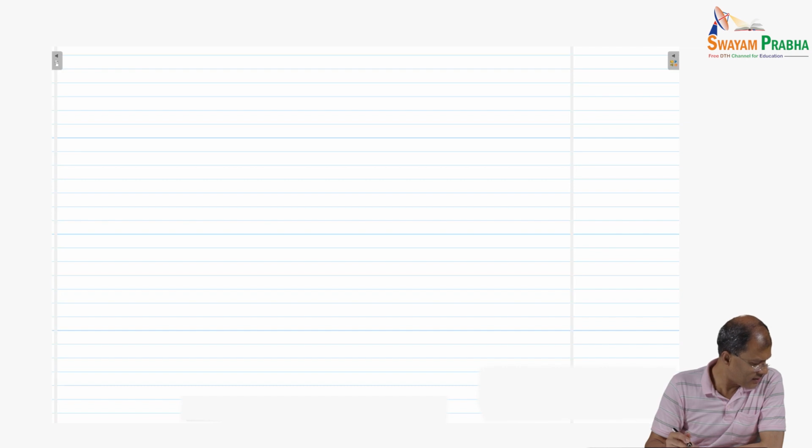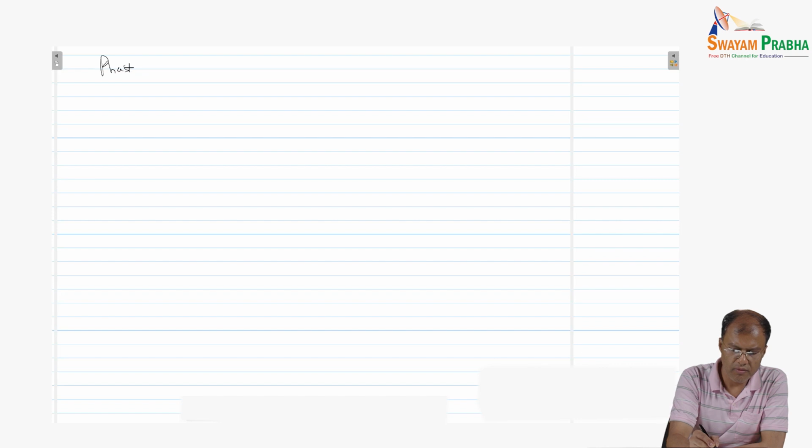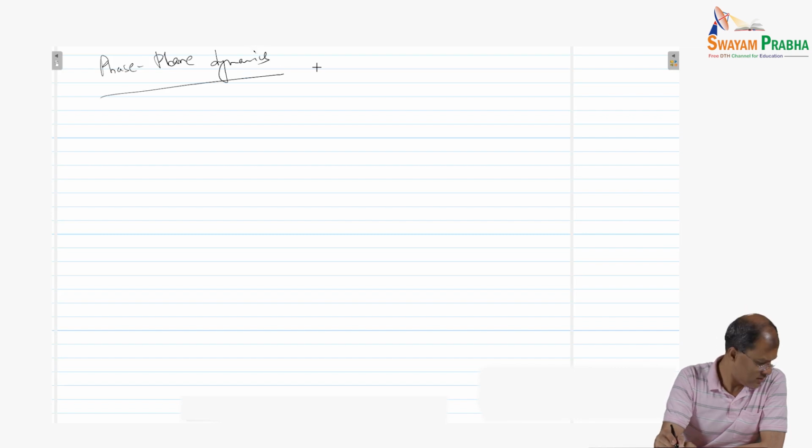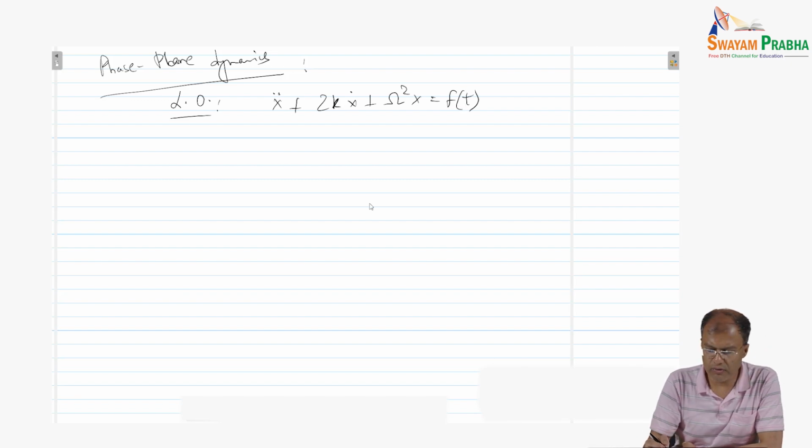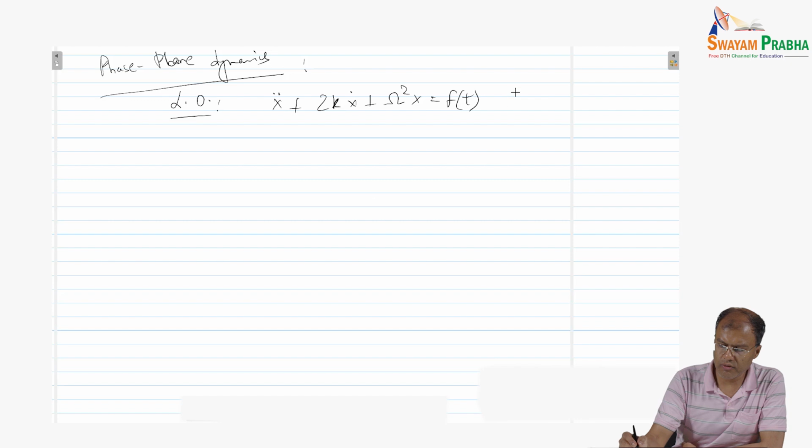We have linear phase plane dynamics, and we see that in the case of a linear oscillator, we have x double dot plus 2k x dot plus omega square x is f of t, and this is our linear oscillator here, and let us call this equation with star.